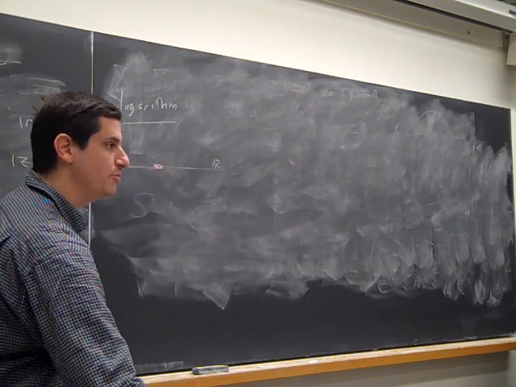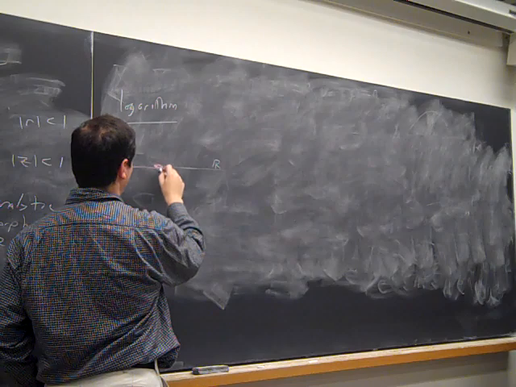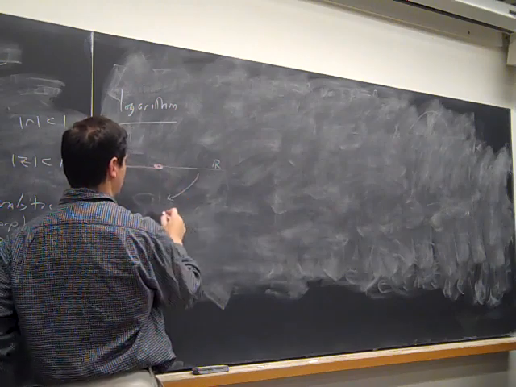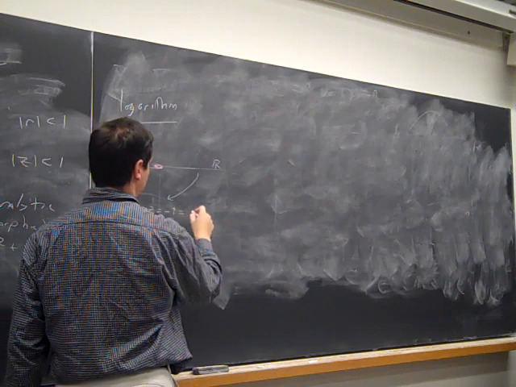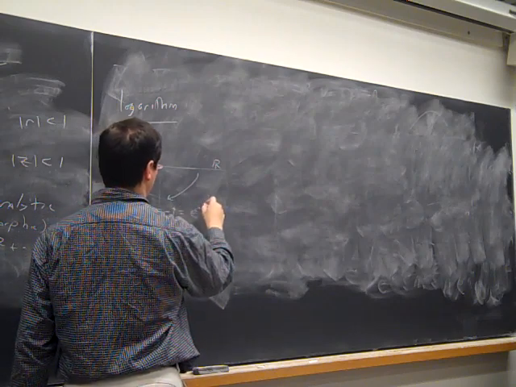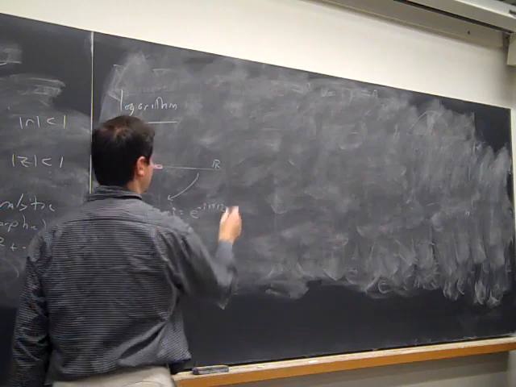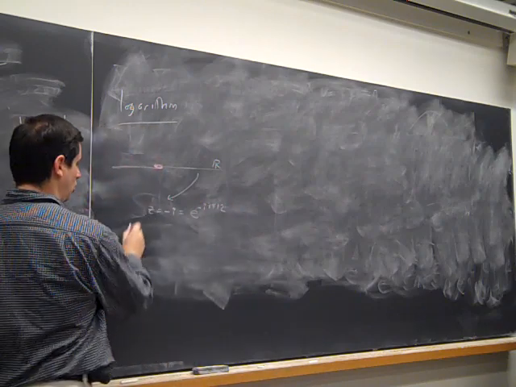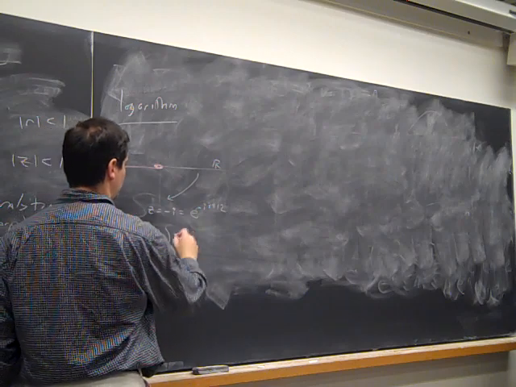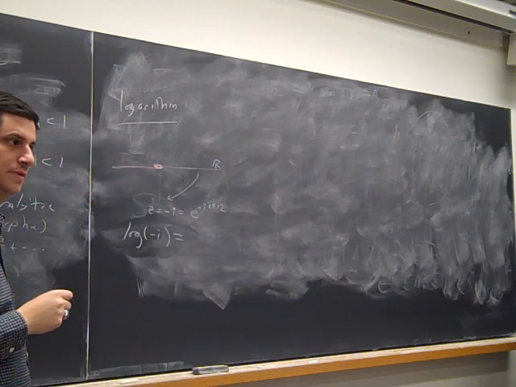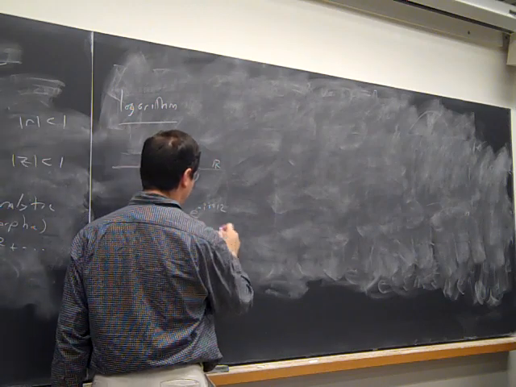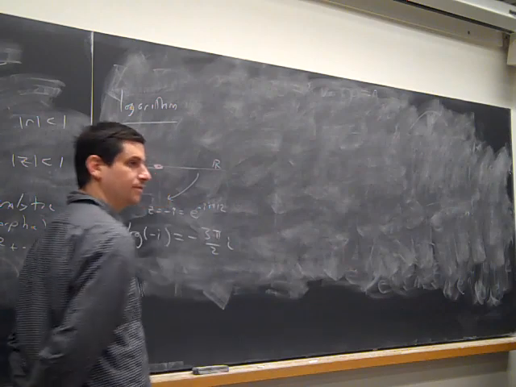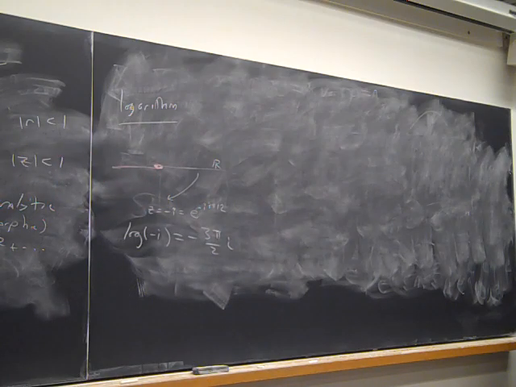And so if I do that for my branch cut, if I want to figure out what's going on down here, if I take z equals minus i, that's going to be e to the negative i times 3 pi over 2. The log of minus i would equal what? Negative 3 pi over 2 times i. And if we have that as our cut, that is how we would continue the logarithm function.